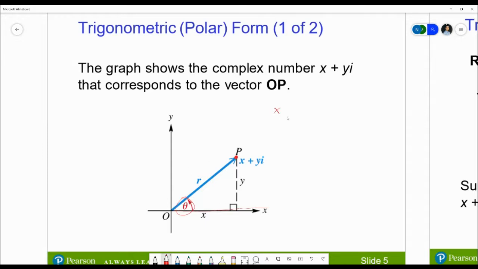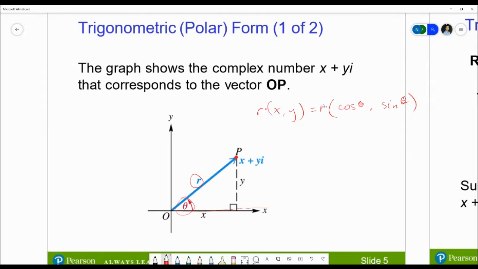When we dealt with the unit circle as we did before, we have x and y. x corresponds to cosine theta, and y corresponds to sine theta. Now this was a unit circle where the radius was 1. The radius here can be anything, so all we have to do is multiply by a factor of r.